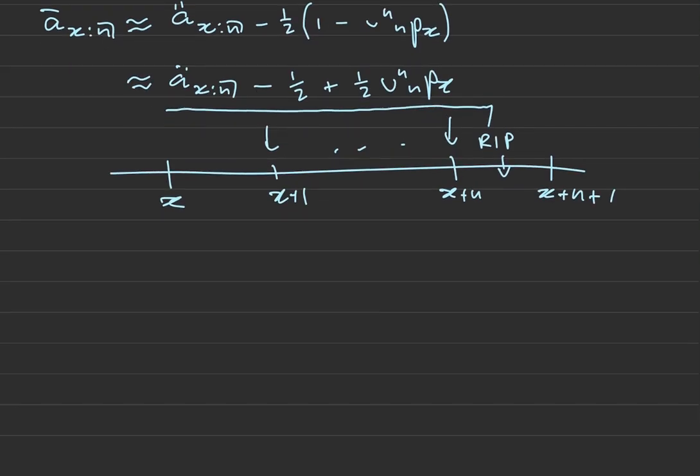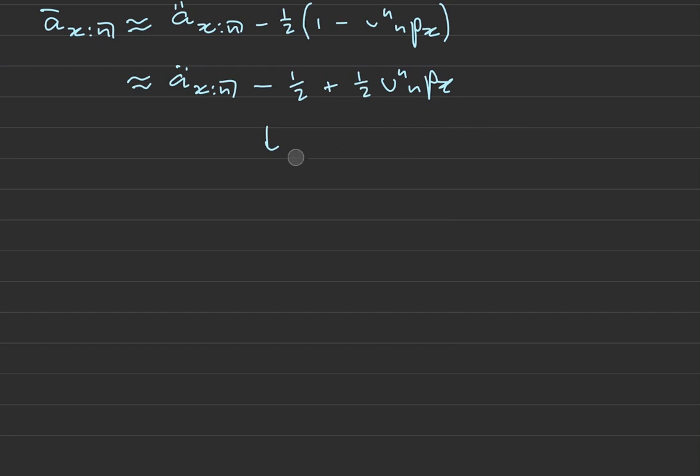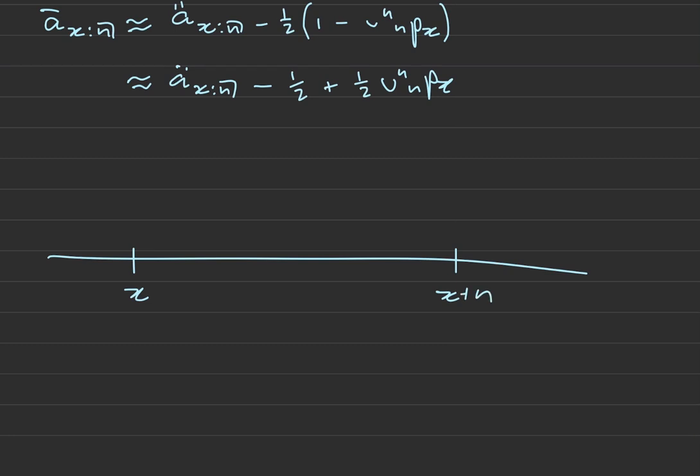So if I do another drawing, it'll look somewhat similar. Here they're aged x, and here they're aged x plus n, so that's the end of the contract. And here there's all the years that lie between age x and x plus n.